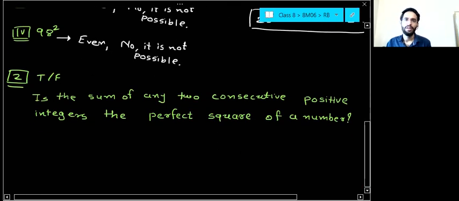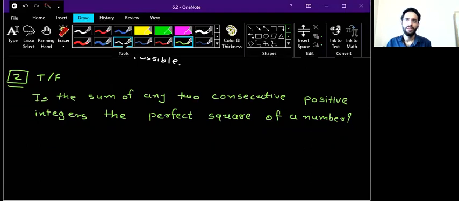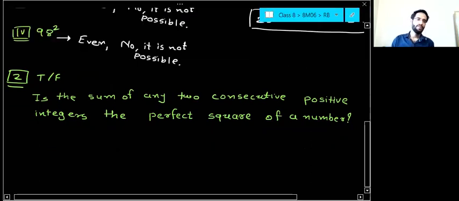Is the sum of any two consecutive positive integers the perfect square of a number?